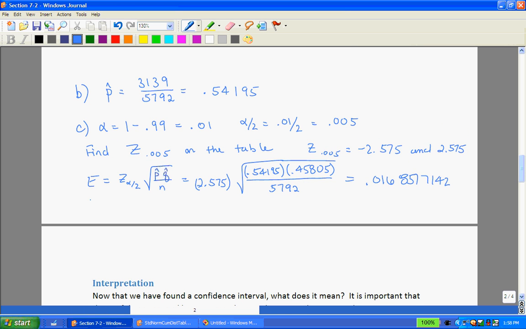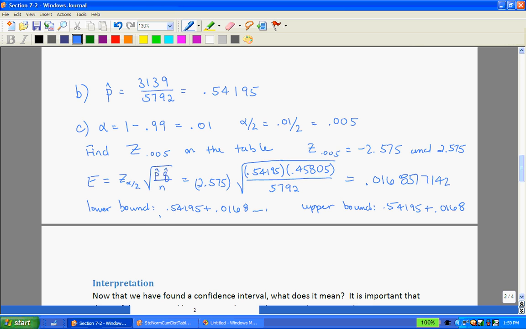Now to find the interval, I'm going to take that number and add it to P hat. So for the lower bound, I would say 0.54195 minus 0.0168, and so on and so forth. And for the upper bound, it would be 0.54195 plus 0.0168.